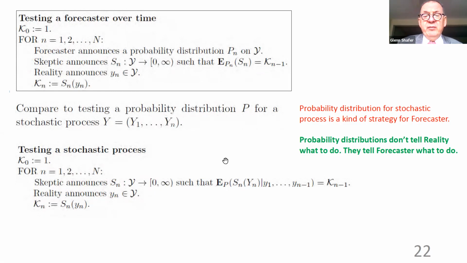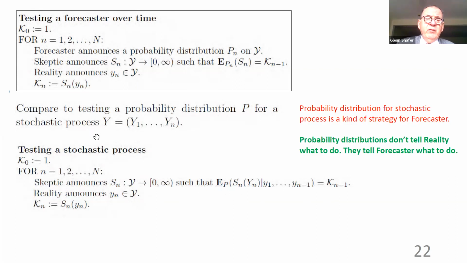And we use that joint probability distribution to give the conditional probabilities at each step given the previous moves by reality. We calculate the conditional probability of skeptic's announced strategy as a function of the move on that round, and we have to make that equal to our current capital.